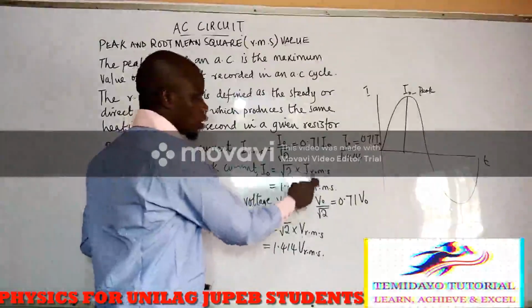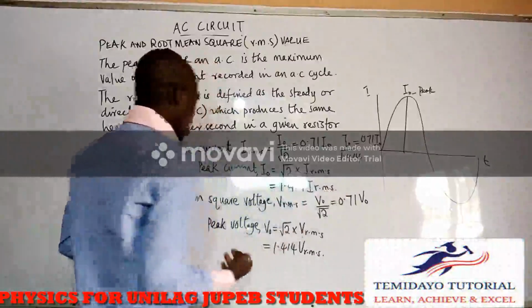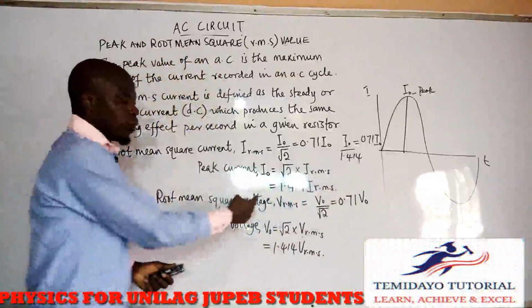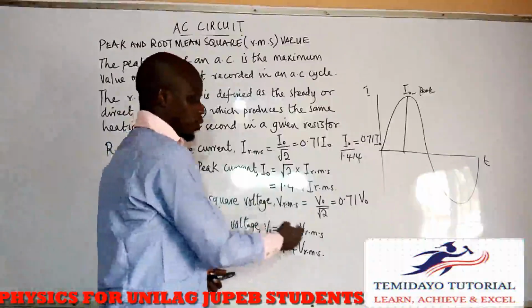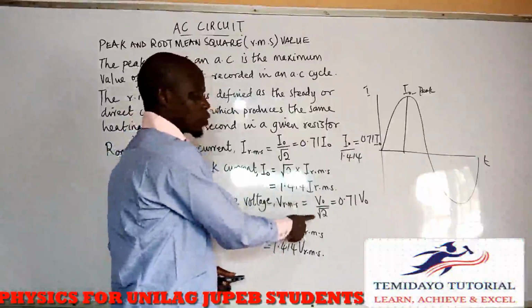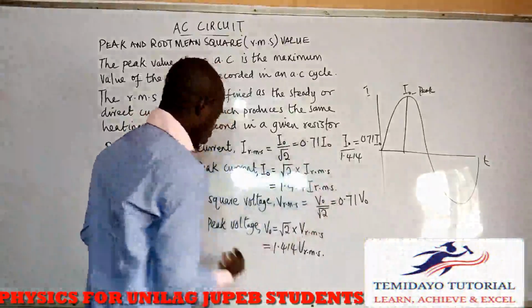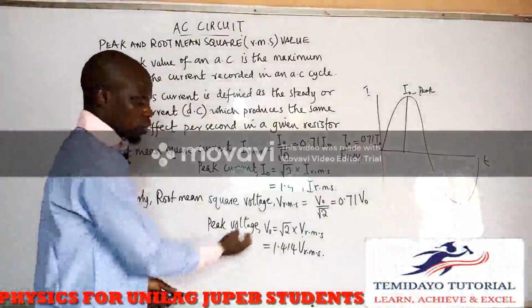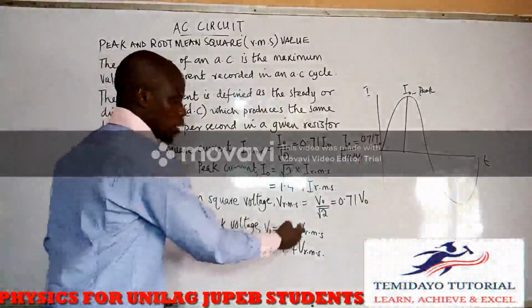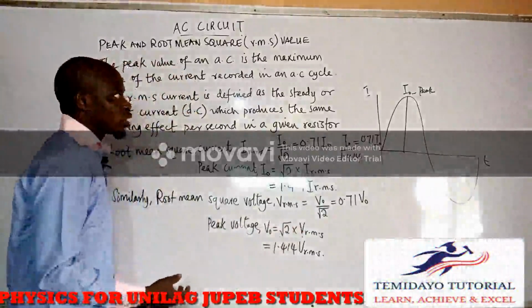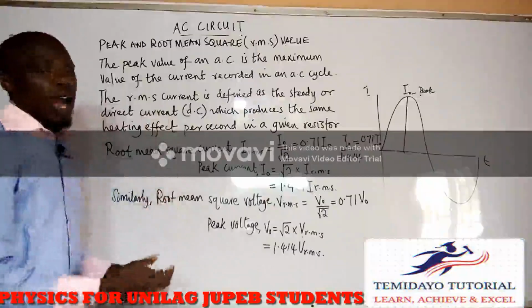Similarly, the root mean square voltage VRMS is the peak over the square root of 2. And the peak voltage, V naught, is equal to root 2 multiplied by VRMS.